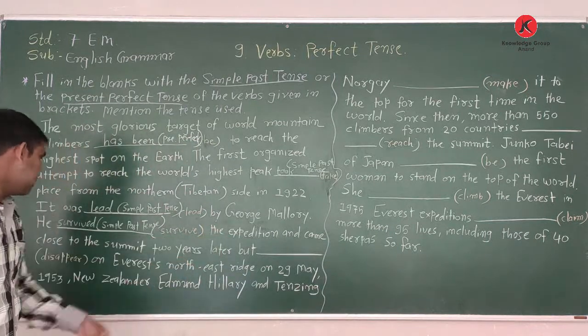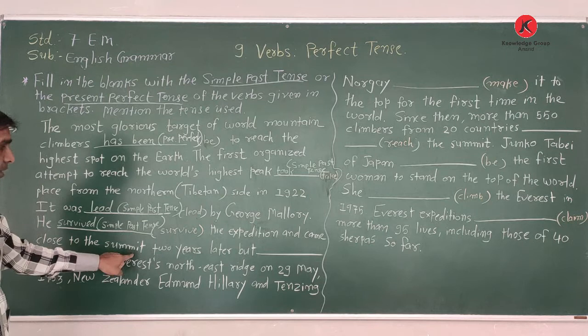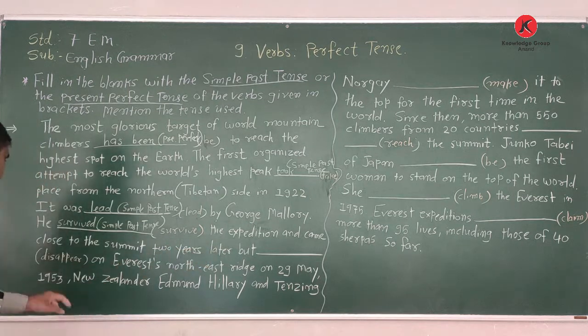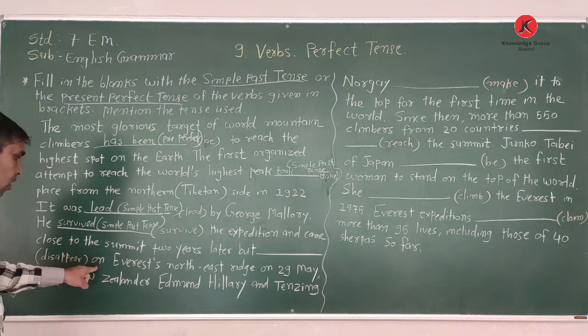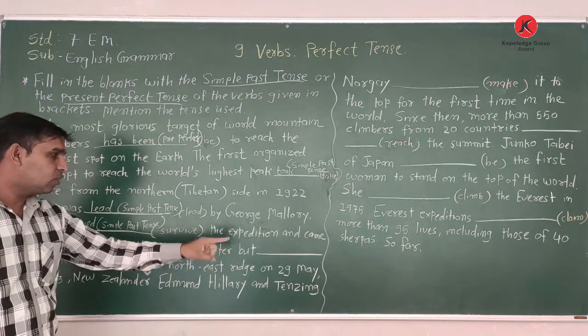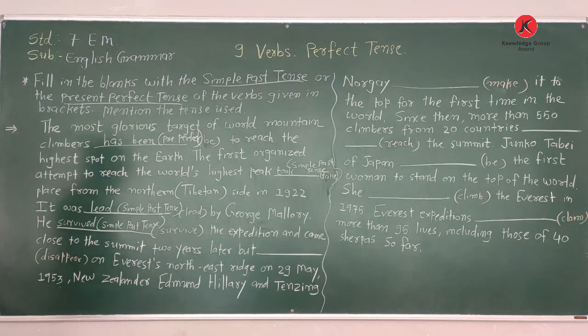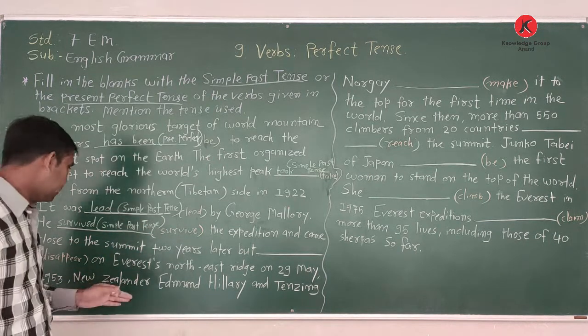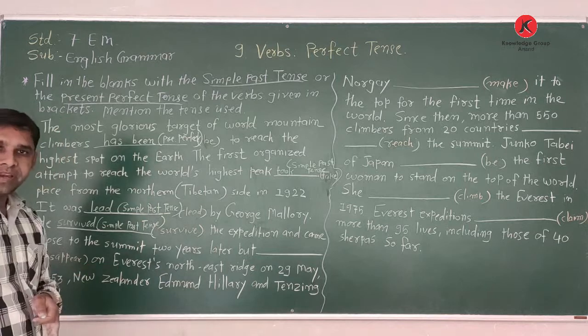The expedition came close to the summit 2 years later, but in the blank, given disappear. On Everest, northeast on 29th May 1953. We talk about the 29th May 1953, so the action is already completed.